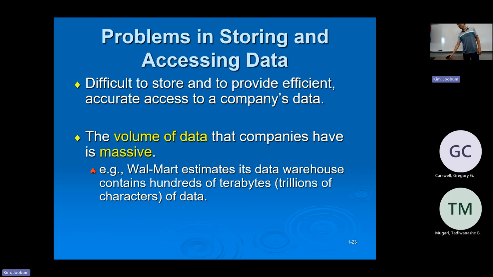For example, Walmart contains hundreds of terabytes of data and creates a huge amount of data every day. Like YouTube, think about that. Everybody in the world uses YouTube and uploads video, to store the video data.